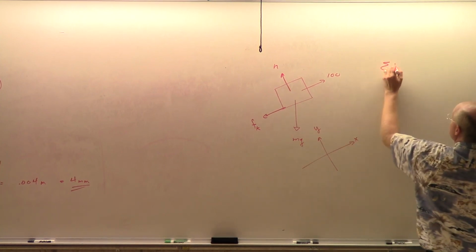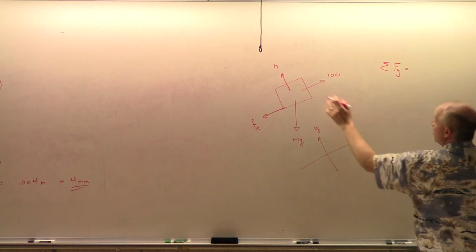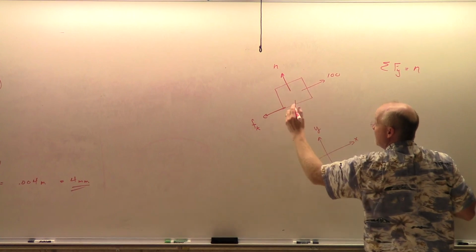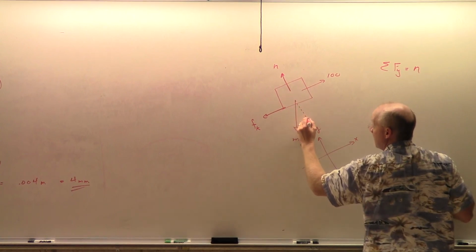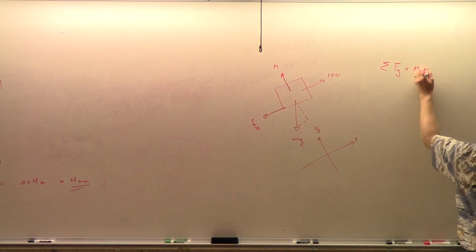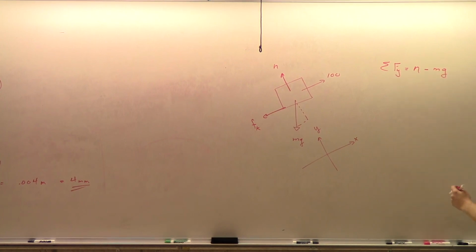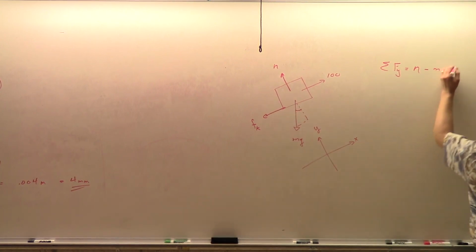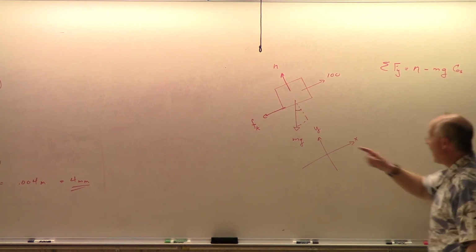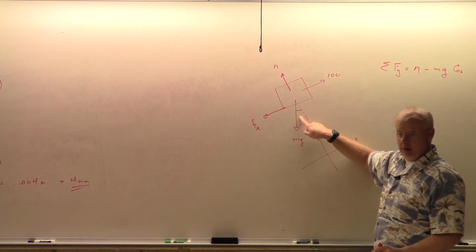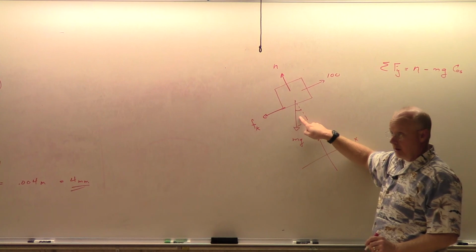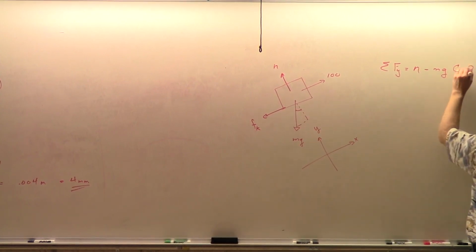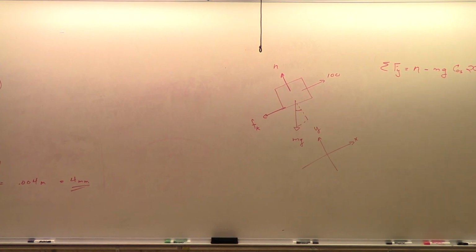And so if I take an axis that is tilted, and I look at the sum of the forces in the y direction, I've got normal force pushing up. The 100 newtons does not have a normal component. But gravity pulling into the incline is not a full mg. It's mg times the cosine of that angle. And is that 20 degrees too? Okay, good. And since we're short on time, you guys sound like you remember it from chapter 5.